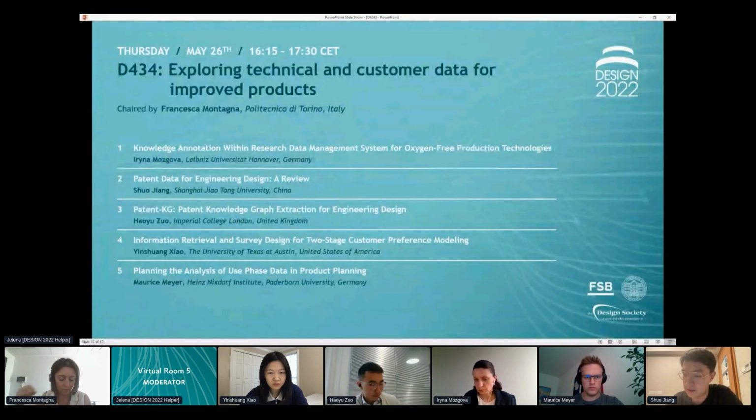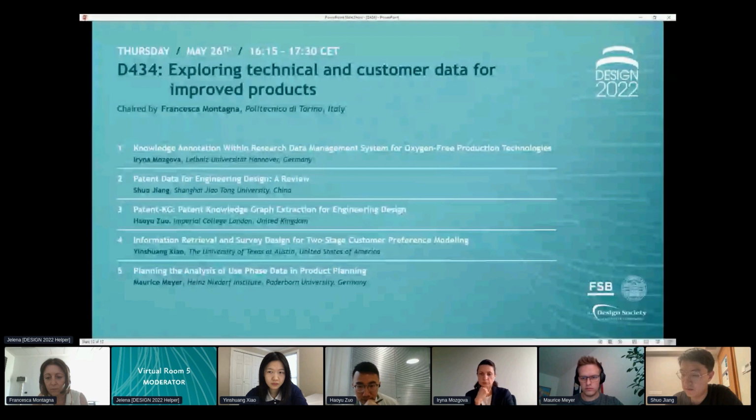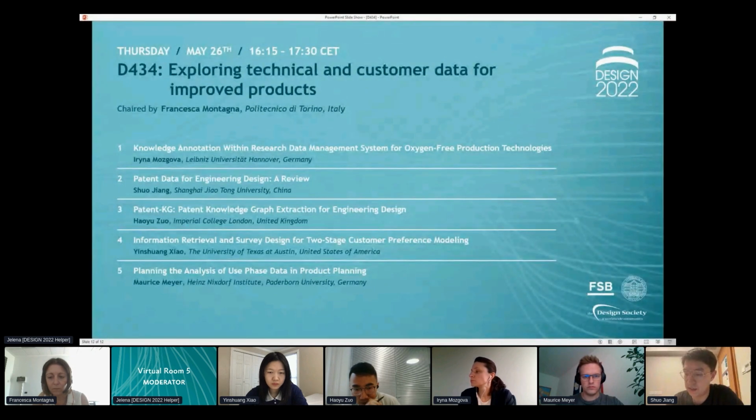So we did this systematic literature review to review the overall structure of the patent for design studies, and we can see patent data contain many useful design information and can be utilized or mined for design support, including design theory, design methodology, design tool, and design strategy.